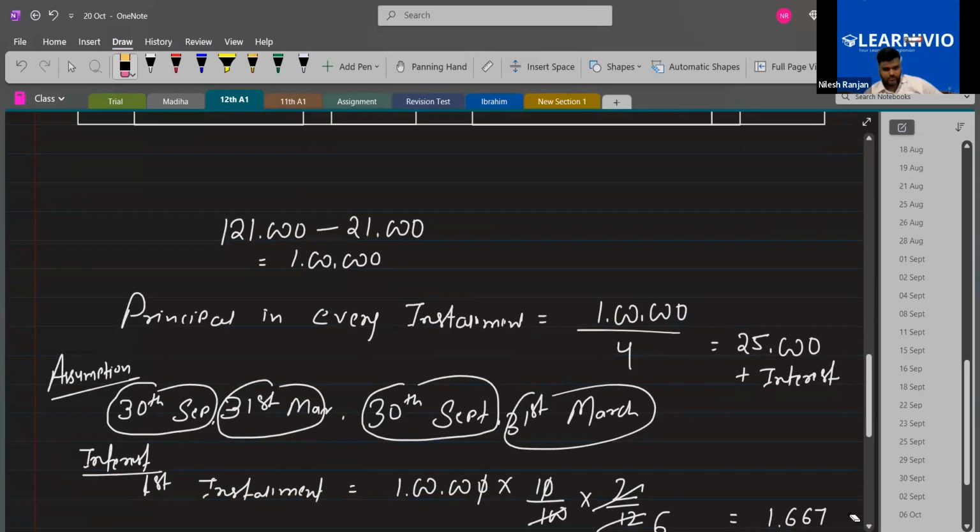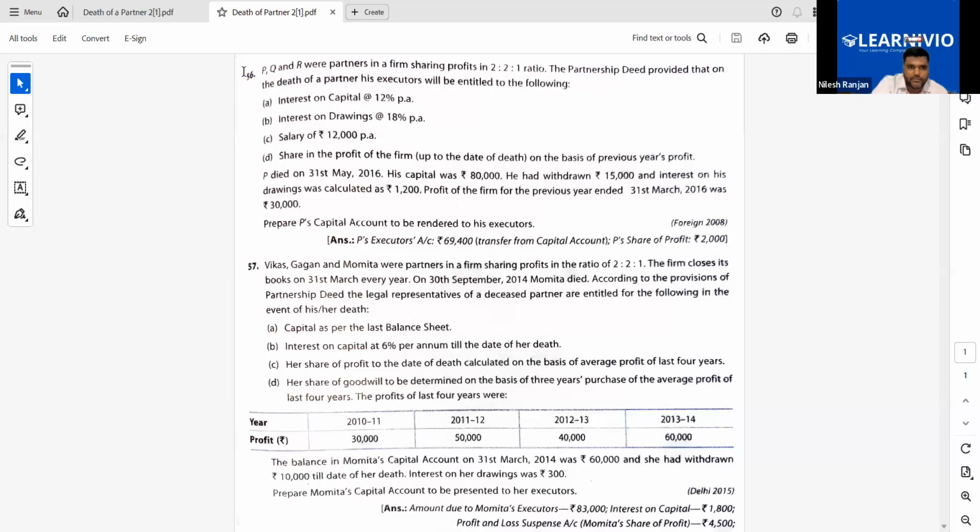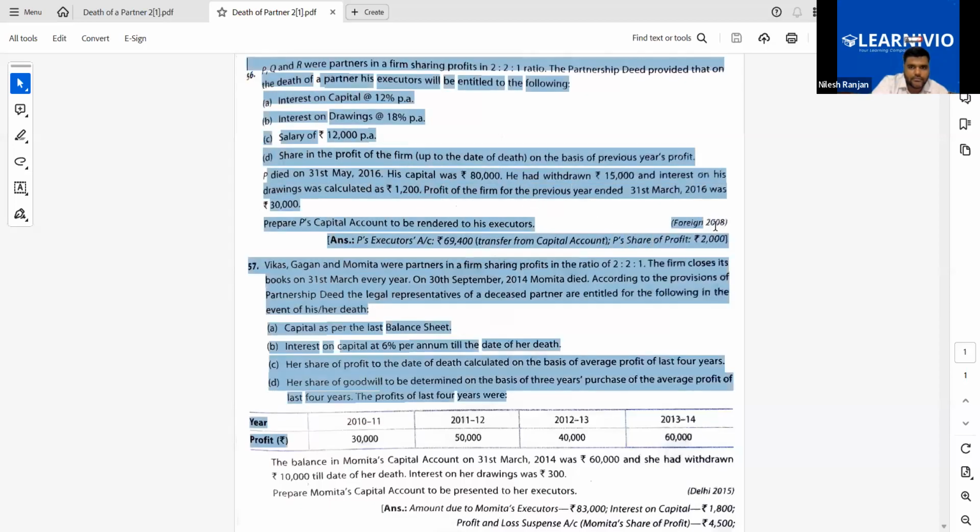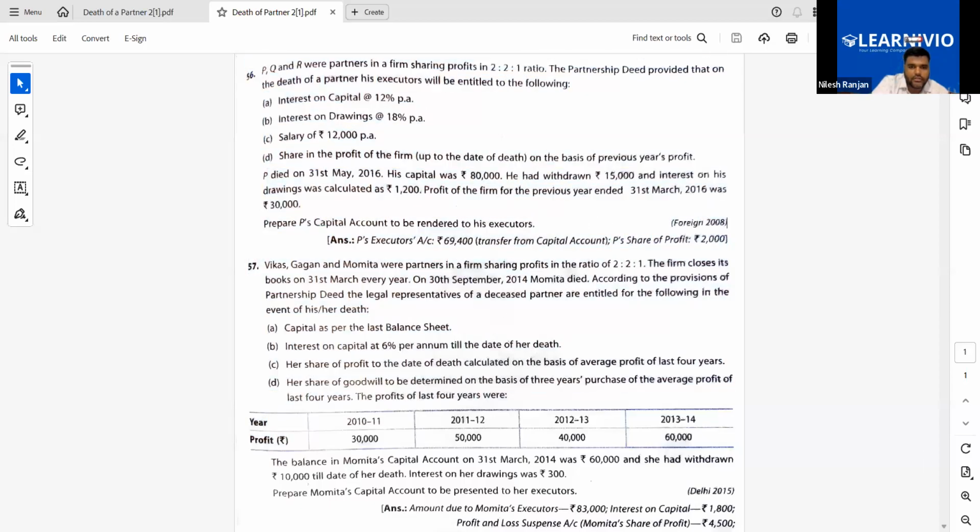So now you have to prepare capital account. Okay. And I'm leaving for 5 to 7 minutes. Okay. And after that, you will show me this solution, this one. Just a minute, sir. I have to take screenshot of down one. I have not taken that you shown.